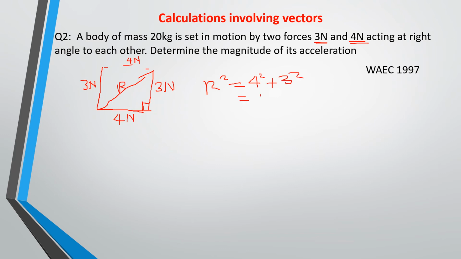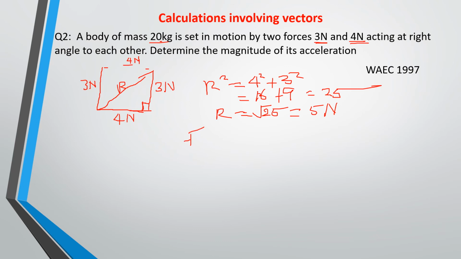So when you do that, you are going to have 16 plus 9, which gives you 25. So square both sides. You have R is equals to square root 25, and that gives you what? 5 Newton.